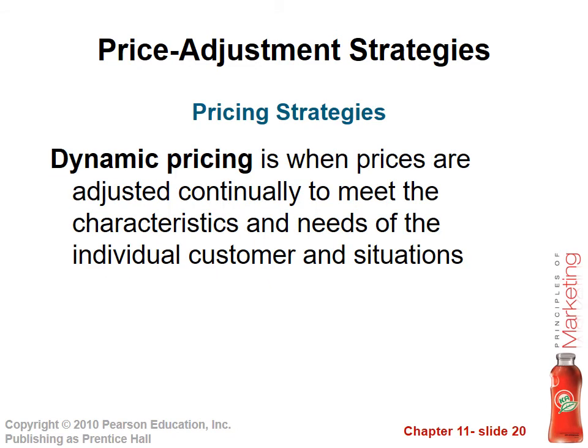The other price adjustment strategy is called dynamic pricing. I have mentioned that this is also similar to the time-based strategy. It happens when prices are adjusted continually to meet the characteristics and needs of the individual customer and situation. So in dynamic pricing here, the price will depend on the situation.